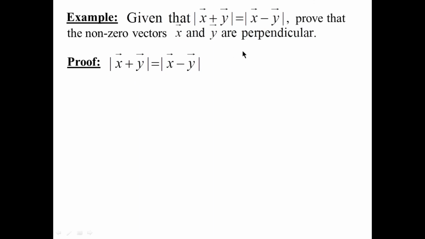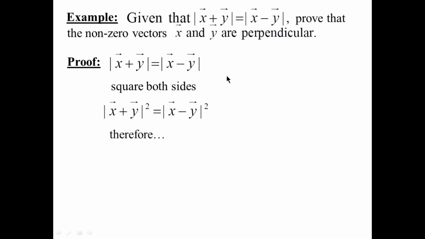So we could square both sides. Now it looks like this, and this is the square of a magnitude, which we know is the result of dotting with itself. And so we can turn these into x plus y dotted with itself. And now I've got the dot product injected into this given information.